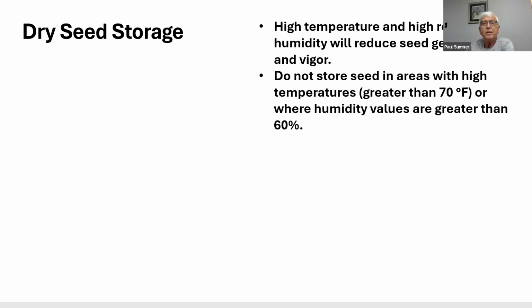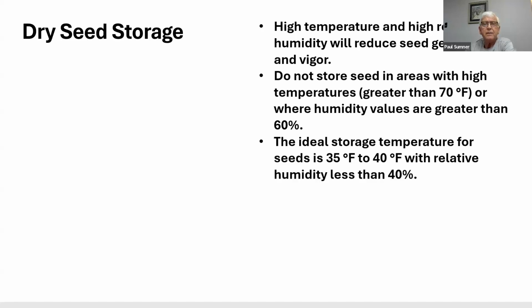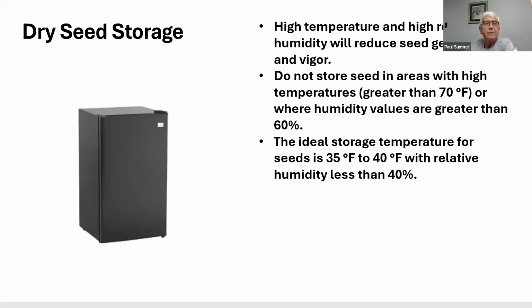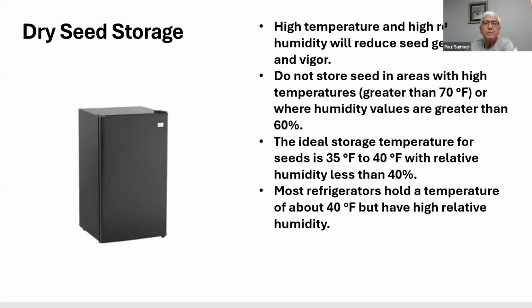Don't store seeds at temperatures greater than 70, or where humidities are greater than 60%. The ideal storage temperature for seed is 35 to 40 degrees Fahrenheit with relative humidity of less than 40%, and to do that you put it in a refrigerator.